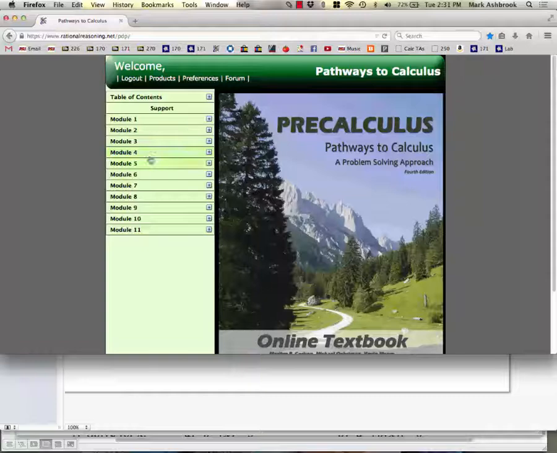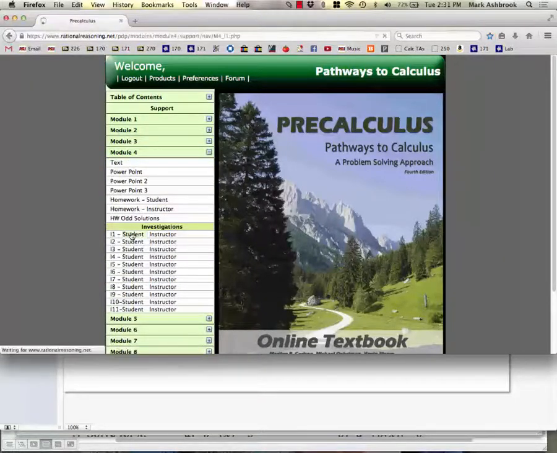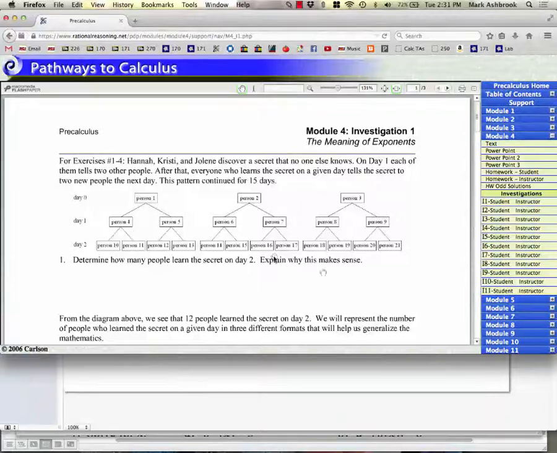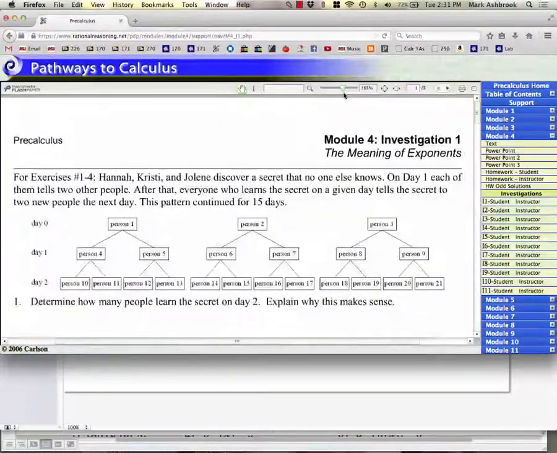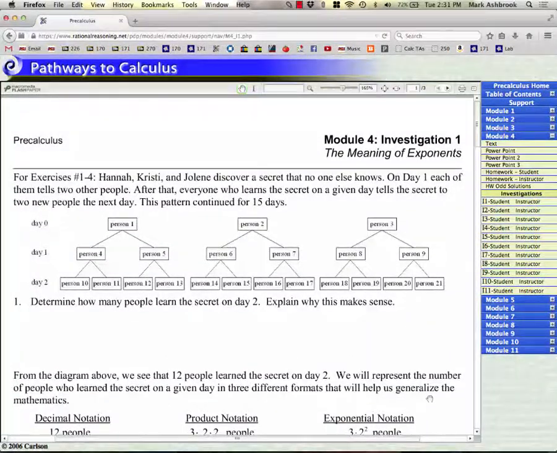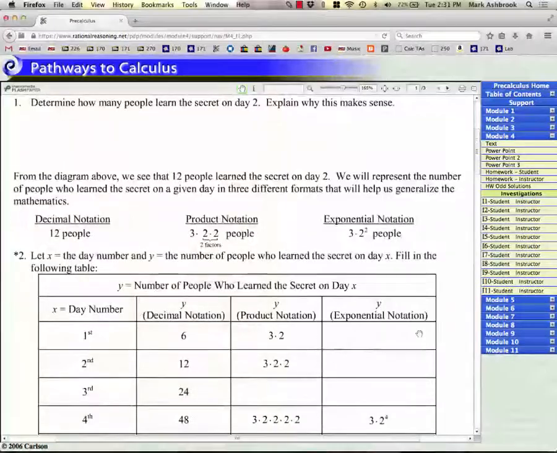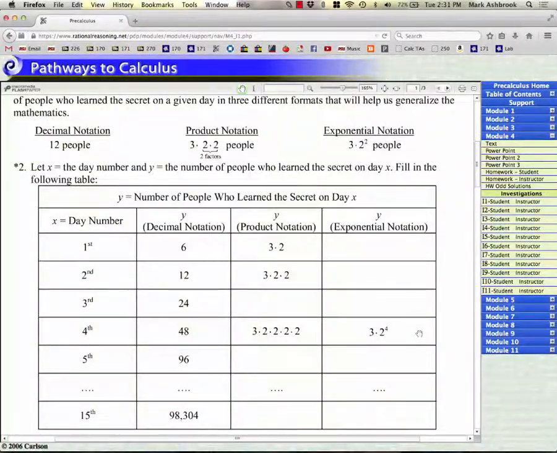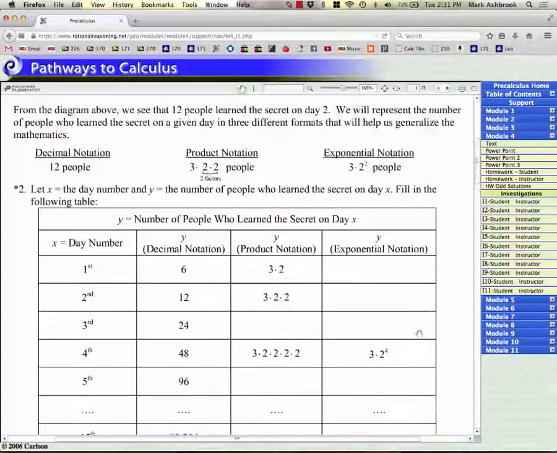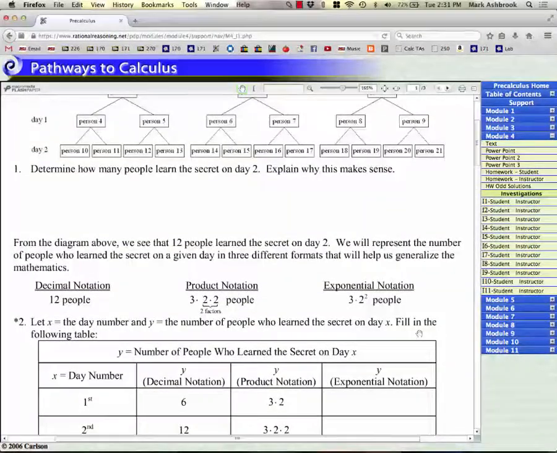What page is that? 127, I'm hearing. So, yeah, I want you to do numbers 1 and 2.